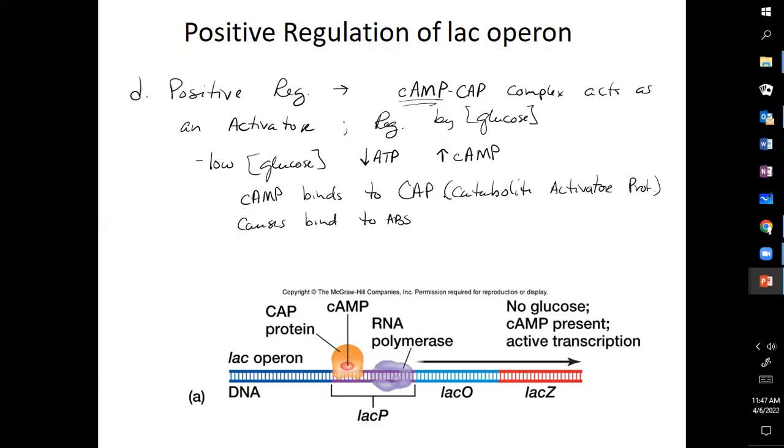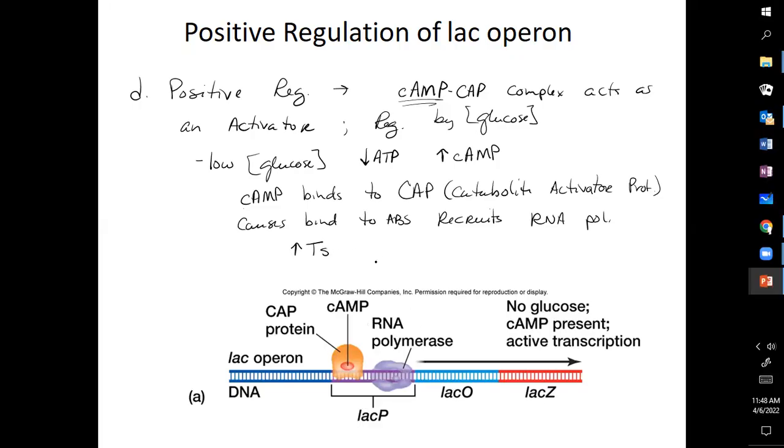And it recruits RNA polymerase to the promoter region. So when glucose levels are low, this acts as a positive regulation system, bringing in RNA polymerase at a greater rate than it would otherwise. So in conditions of low glucose, we have an increase in transcription.